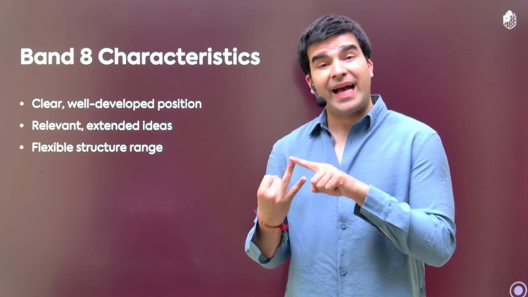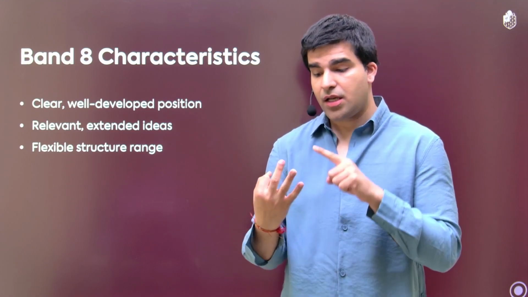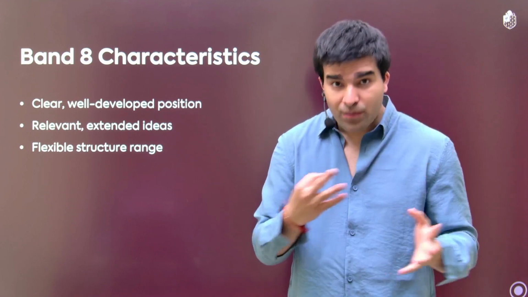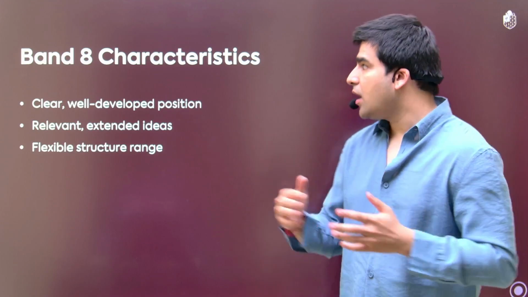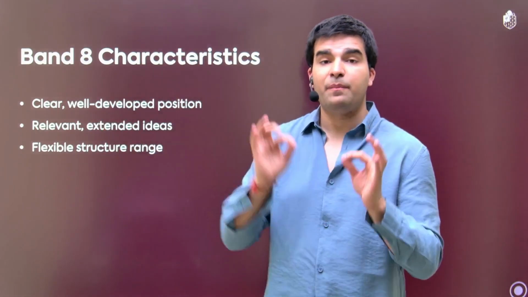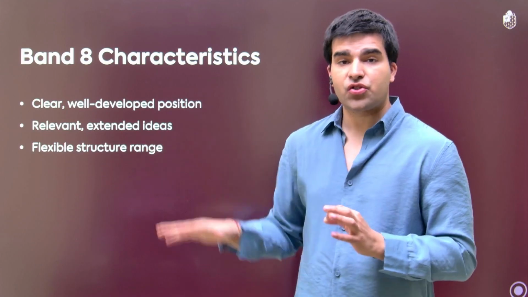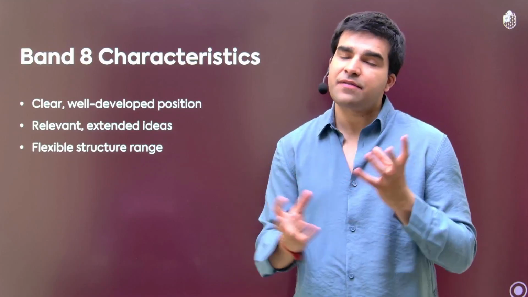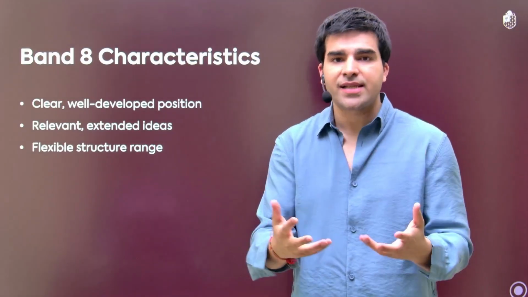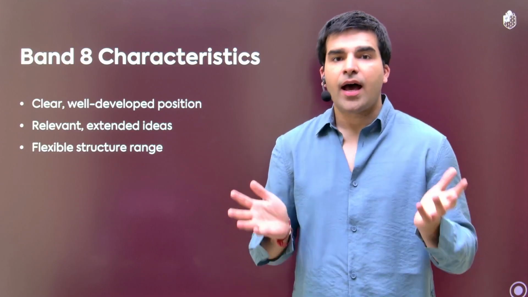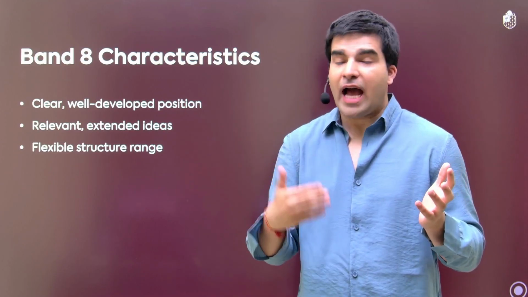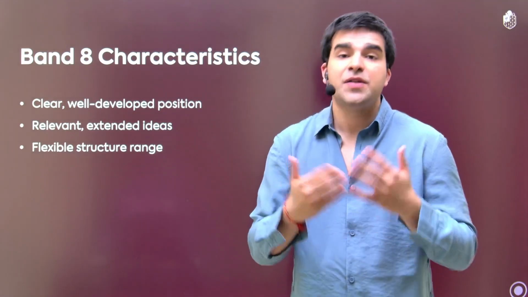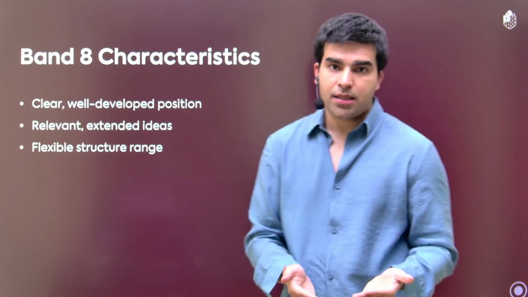You have passive forms of sentences. You have reported speech forms of sentences. So all of these are characteristics of a band 8 flexible structure range of grammatical range and accuracy. You're using all of these different kinds of sentences to show the examiner that, hey, I'm able to use a lot of different kinds of sentences when it comes to my grammatical range. So you better give me a band 8.